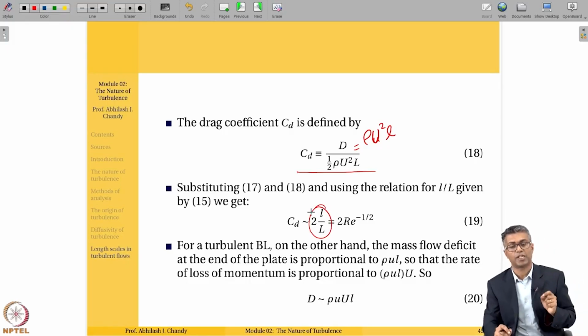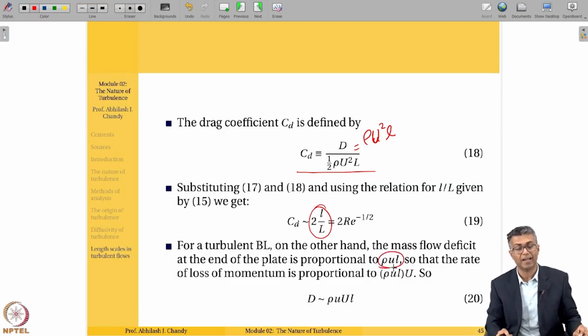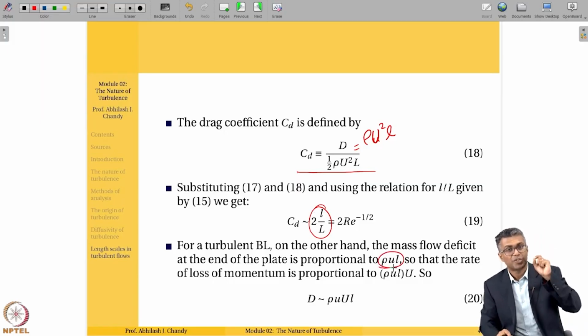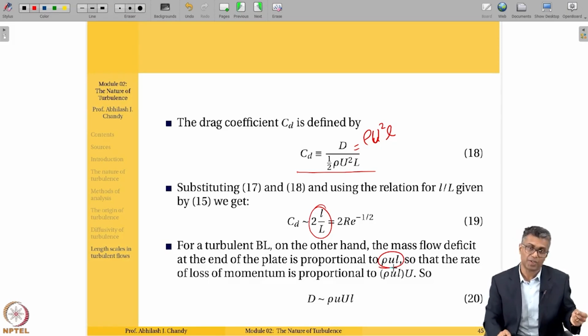For a turbulent flow, on the other hand, the mass flow deficit at the end of the plate is proportional to rho u l. Just like we had earlier when we showed the length scale, the diffusive length scale in a turbulent flow is related to the velocity fluctuation. In the laminar flow, it is just related to the kinematic viscosity and the time scale.